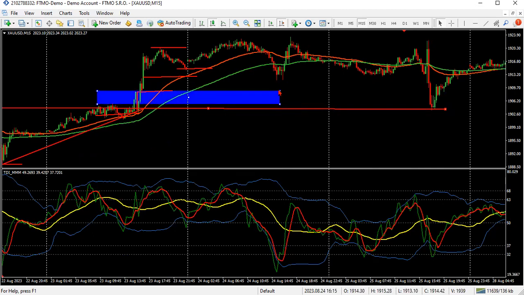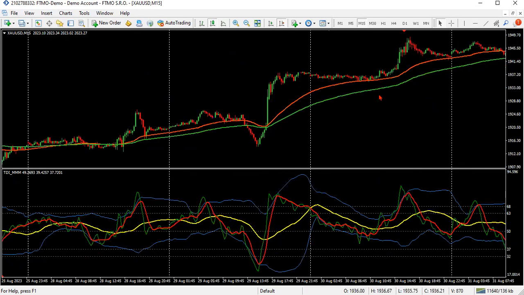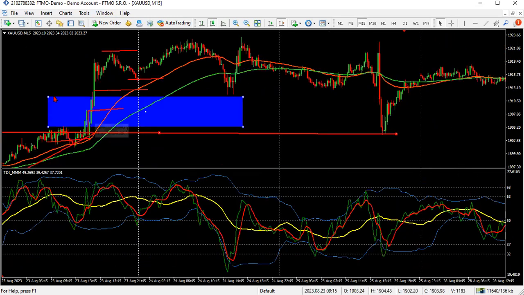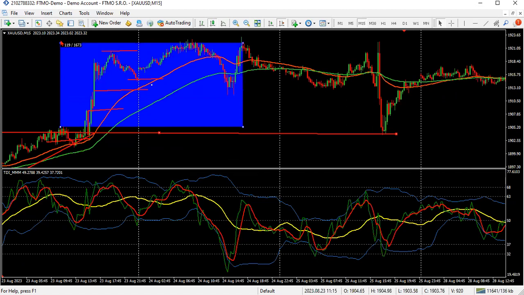All right. So it came back and filled this gap just to continue to the upside. So this would be considered a range. From this point, from here to here, this market was ranging. It ranged.